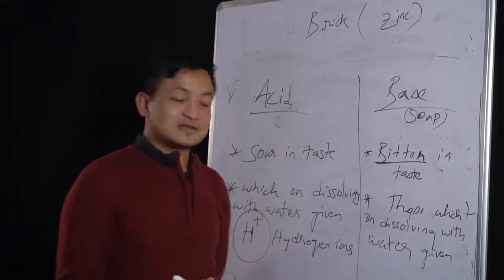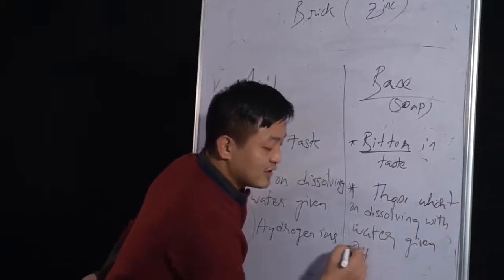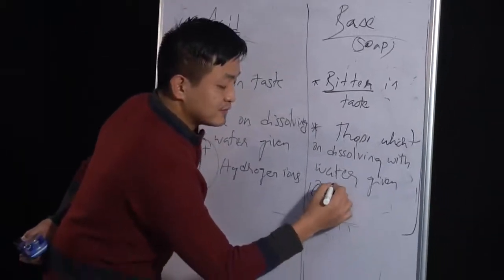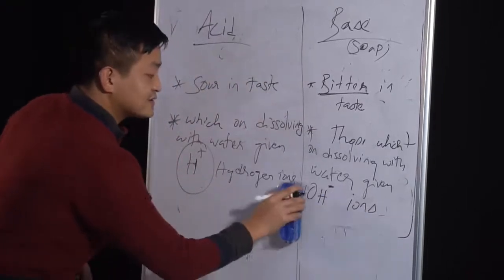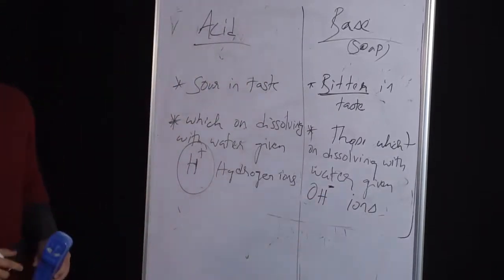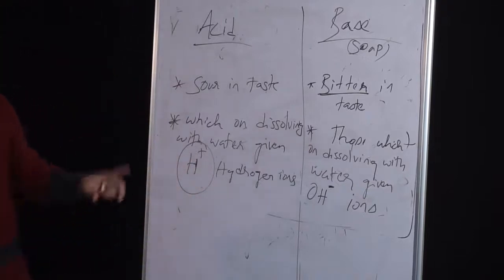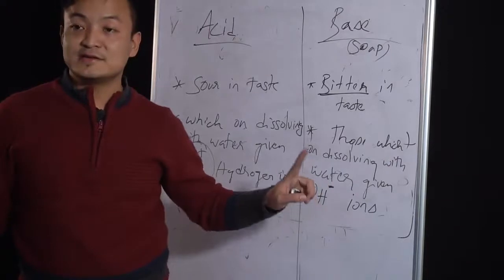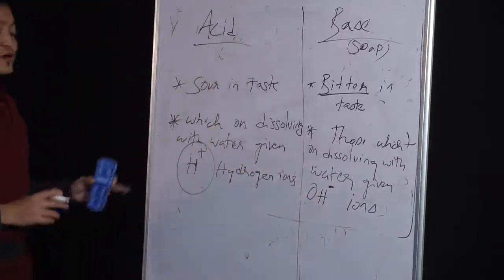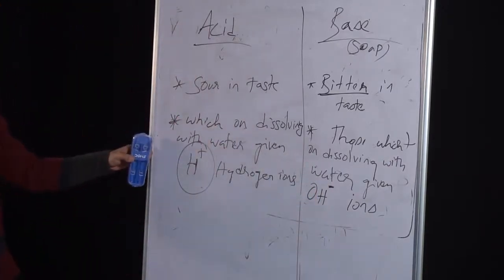This is very important, class. OH- ions. You can simply write it like this, okay? So class, look here, acid H+, base OH-. Keep this in mind. So now let me give you some examples of acids.